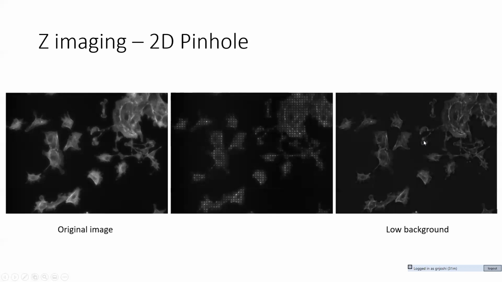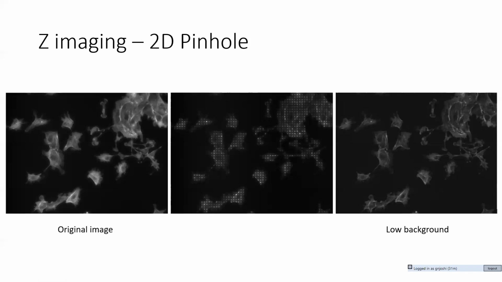So for example, if you are doing Z stacks and you want to make sure that you eliminate any kind of out of focus fluorescence, you can use either 1D slit or 2D pinhole. Now, the only drawback of using any of these methods is that to generate those grid kind of patterns, it has to take multiple images, right?